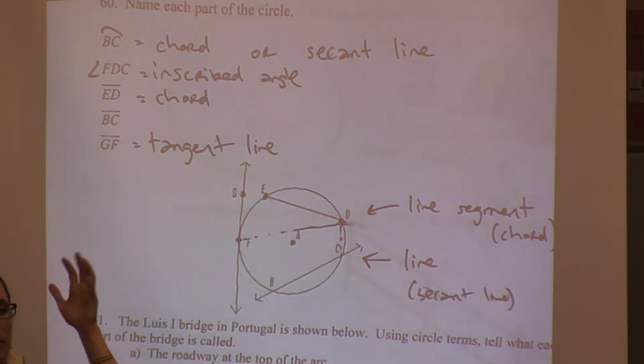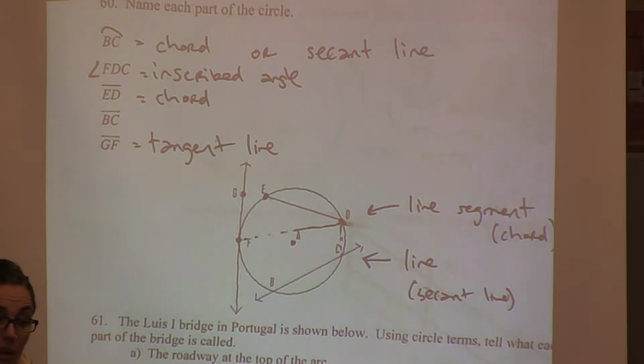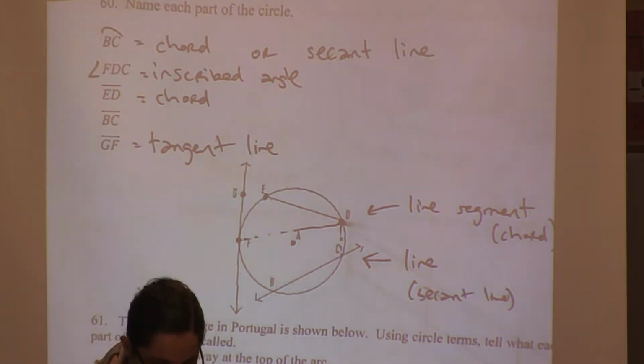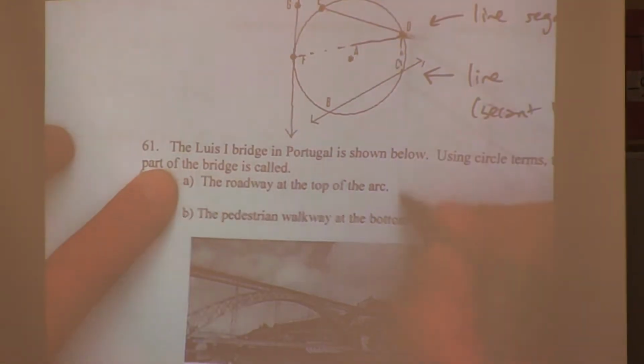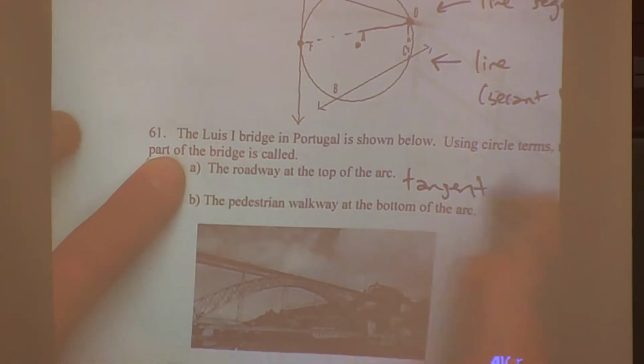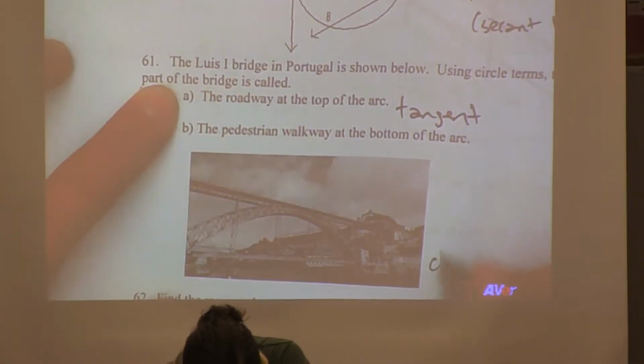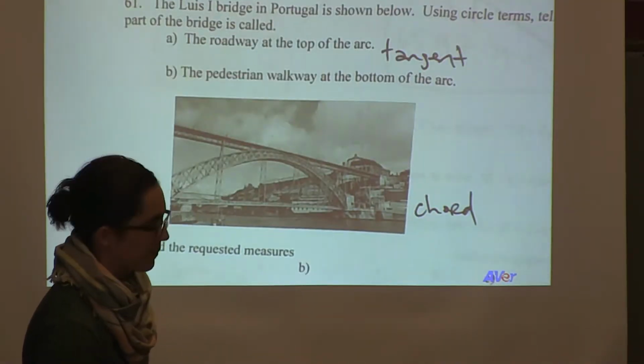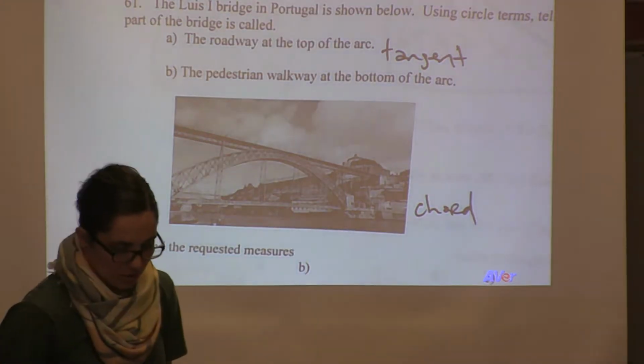But you won't really learn about that until you're in pre-calc. But they are one and the same. Okay. Some definition stuff. So with that being said, then moving on to 61, this 1A, that would also be a tangent as well. And then the pedestrian walkway at the bottom would still be a chord. Tangent and chord.